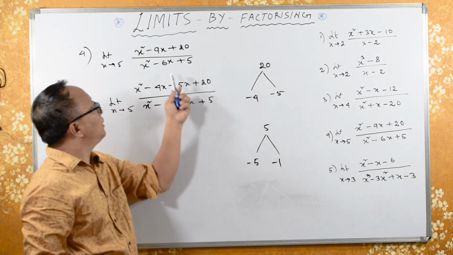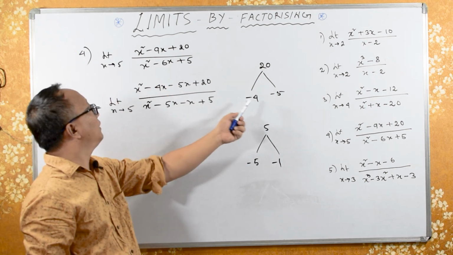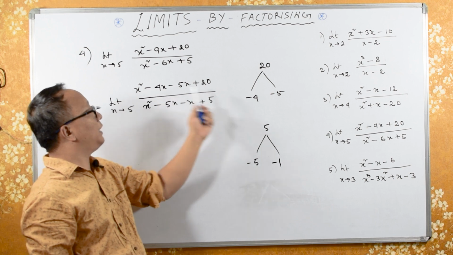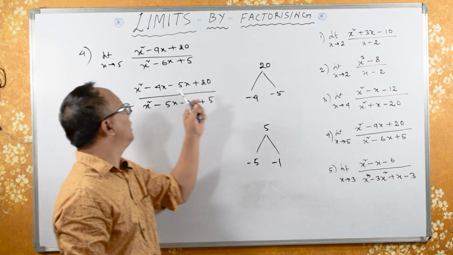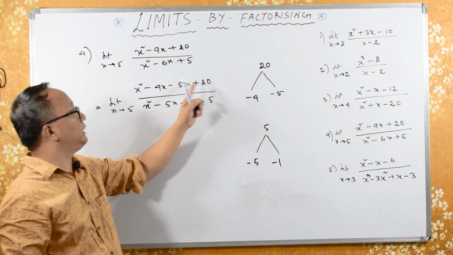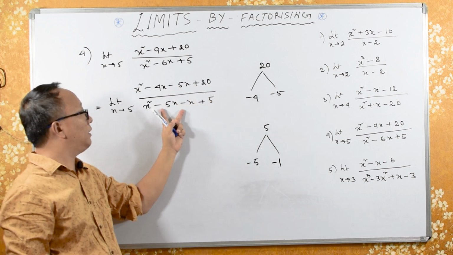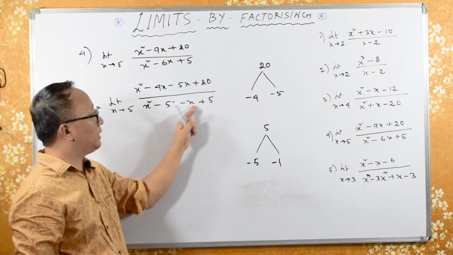Here in the numerator, instead of 9x, we write 4x and 5x. If we multiply minus 4 into minus 5, we get 20. Here also minus 1 into minus 5 gives plus 5.